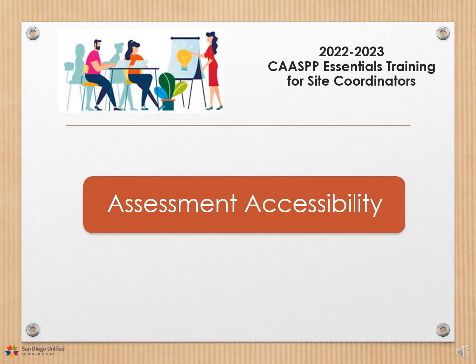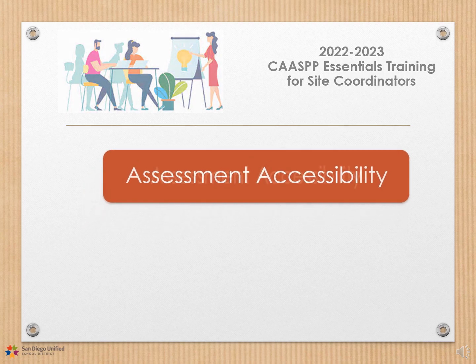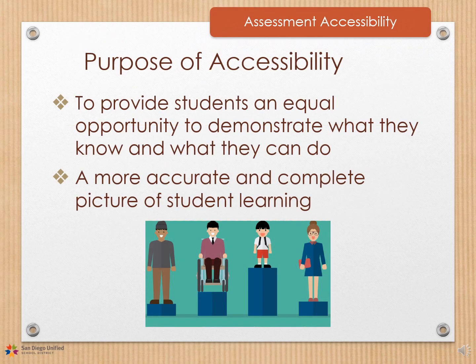Now let's discuss the importance of assessment accessibility. Students with specific learning needs may require accessibility resources to fully engage and demonstrate mastery of content during instruction and on assessments.